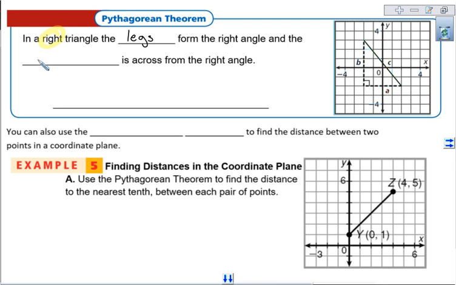And the hypotenuse, your longest side, is the side across from your right angle. So it's really important to remember that the side across from your right angle is your hypotenuse. Pythagorean theorem, remember, a squared plus b squared equals c squared.